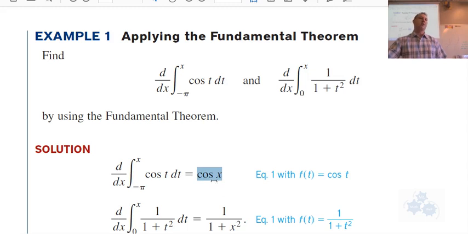We're not actually finding a definite integral, so the boundaries don't really matter so much. It's just sort of the representation. If we were finding a definite integral, then certainly this negative pi would have to be our lower limit, and we would factor that in. And then this x, whatever your upper limit would be, so you'd have two actual number limits, then that would really matter. Then we'd have a number answer. Okay?